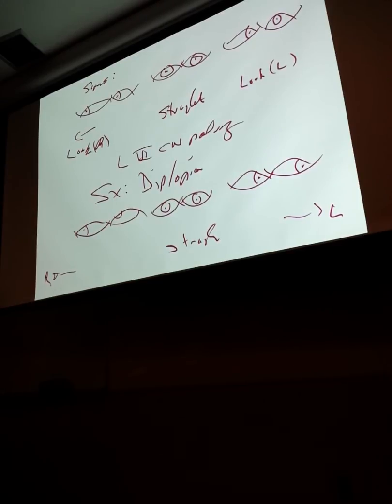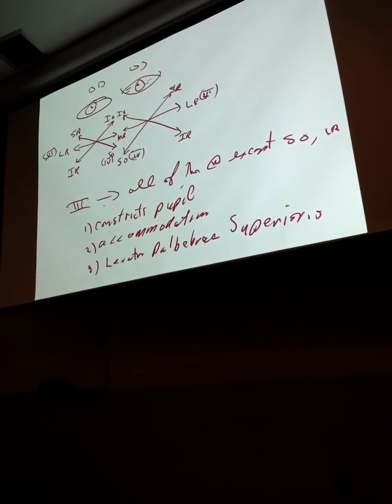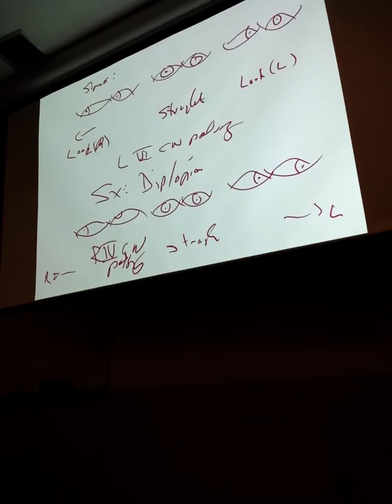This is an example of a fourth cranial nerve palsy. Why? If you go back and look at the diagram I drew, the muscle that moves the left eye down when you turn to the right is the fourth cranial nerve. And so this is the left fourth.